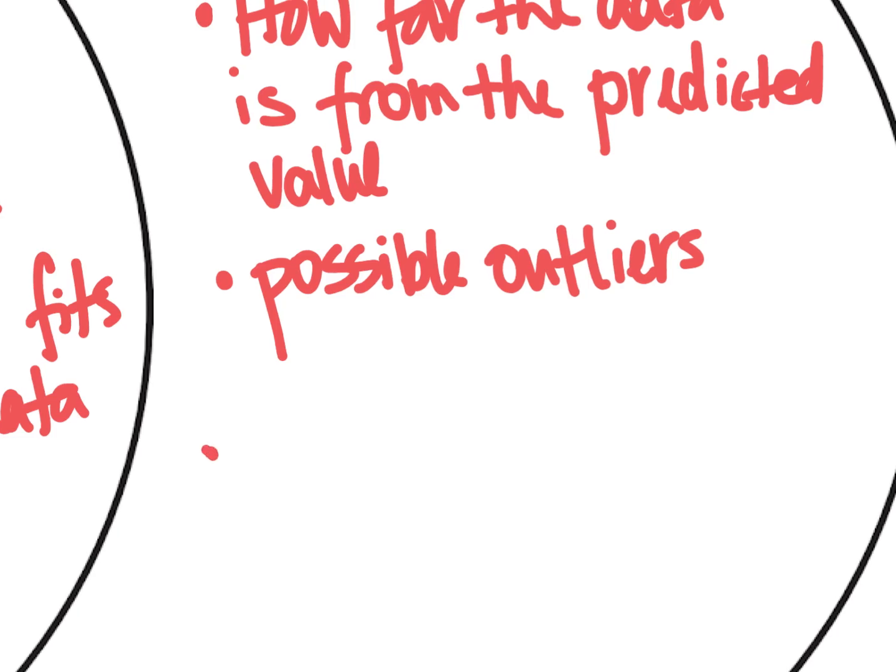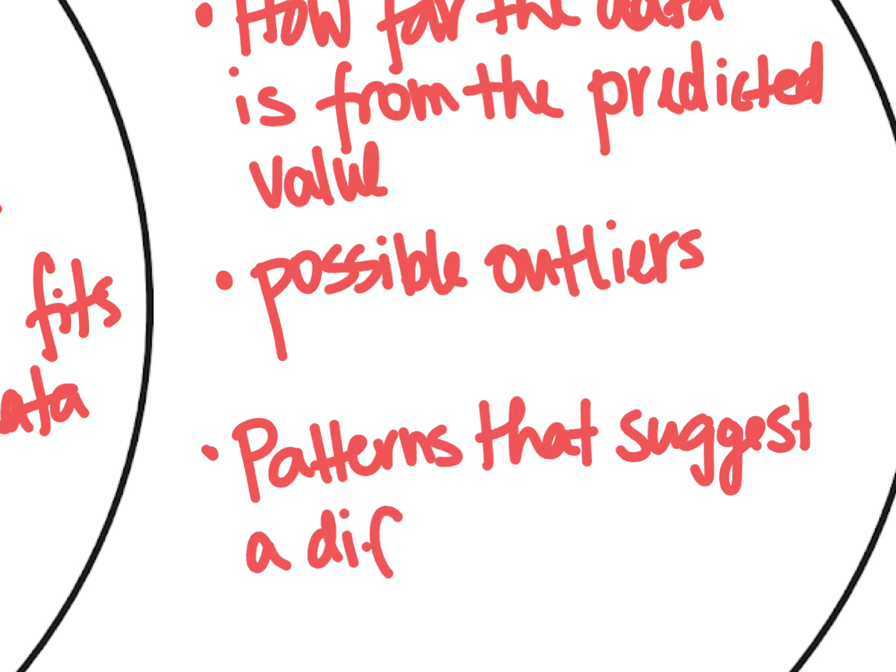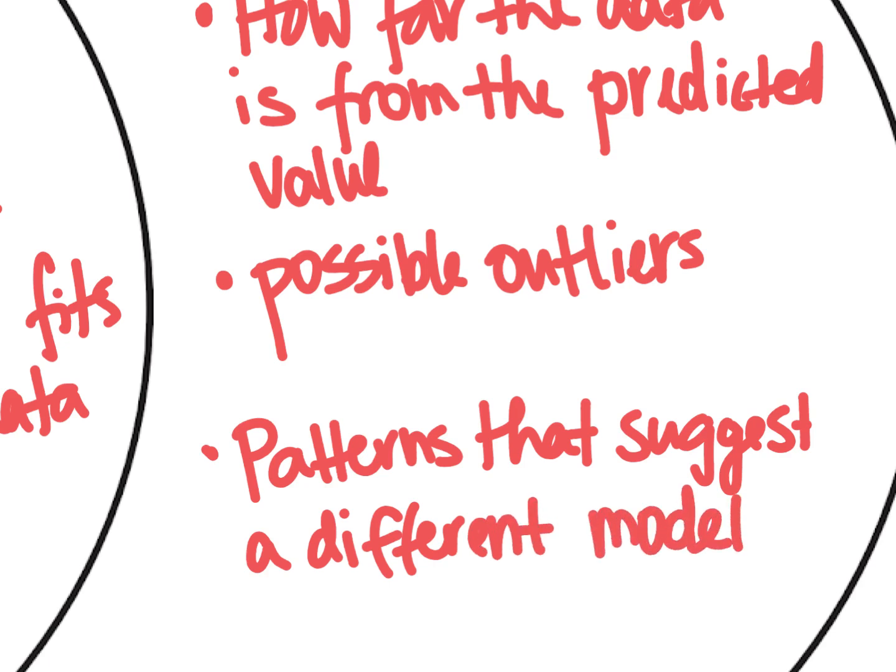And the third thing that we learn from a residual plot is patterns that suggest a different model. Okay, so maybe we're not seeing patterns that look like a linear model will work.